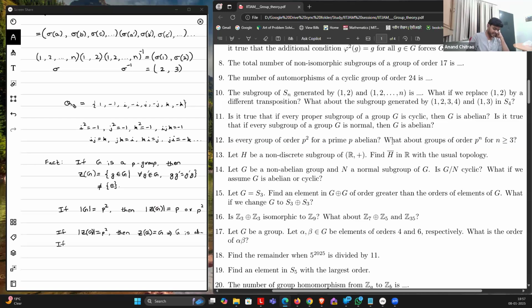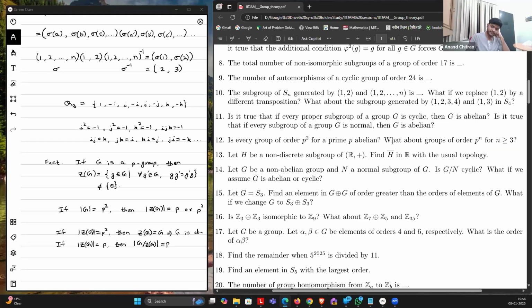But if the cardinality of ZG equals p, then one fact is that ZG is a normal subgroup. So you can look at G mod ZG.